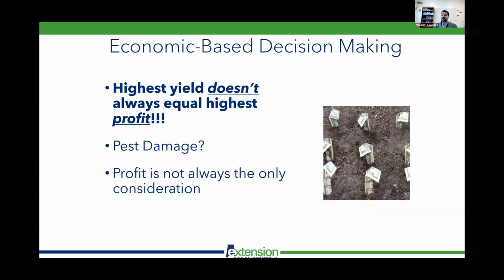But going back to the last example, profit is an important consideration, but it might not be the only consideration. So for example, if we're worried about subsequent years, we might want to consider adding phosphorus and potassium because of that carryover effect, even if it's not necessarily the profitable decision for one year. So overall, it's important to consider all of these different aspects in economic decision making.